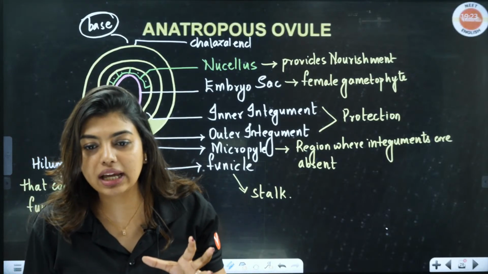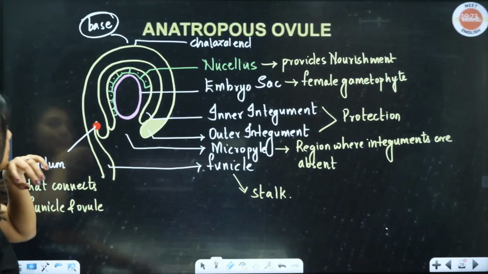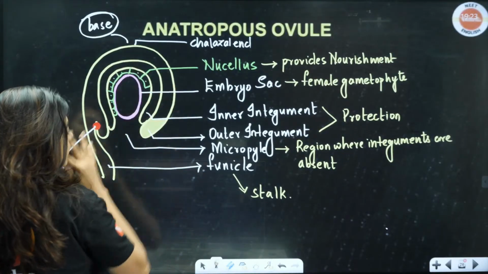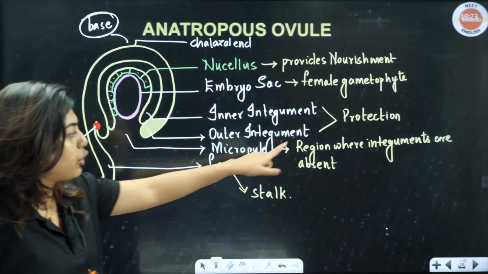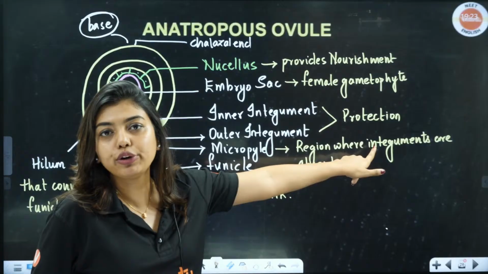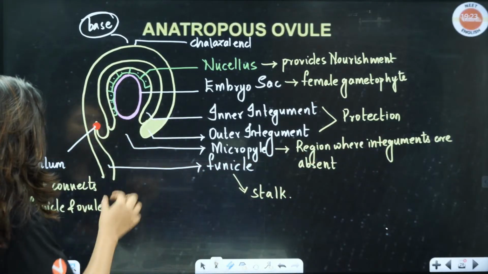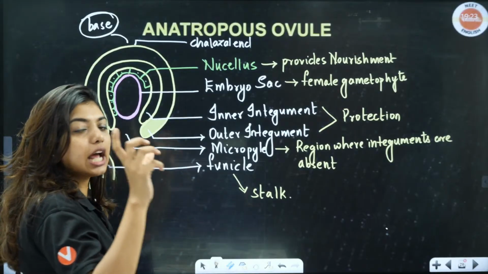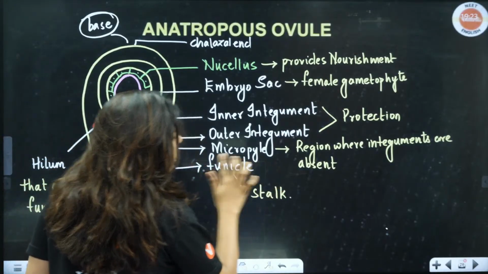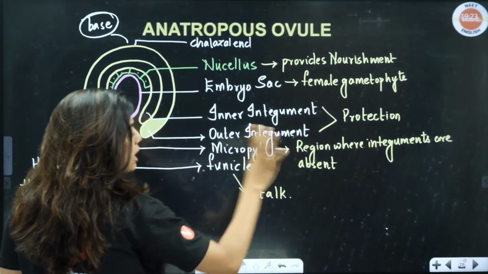We have inner integument and outer integument. Now look at this portion, where the integuments are absent. That portion is called the micropyle, the region where integuments are absent.